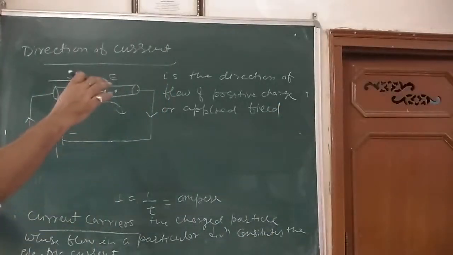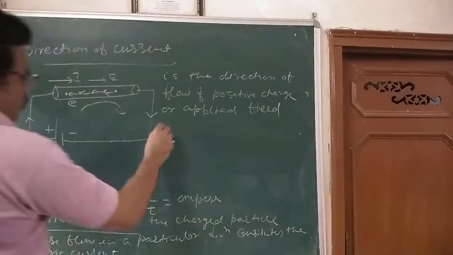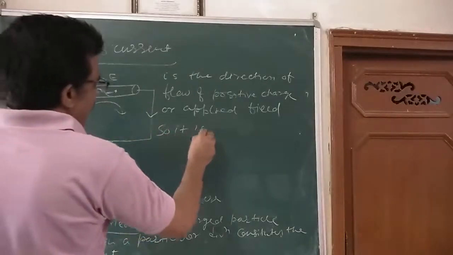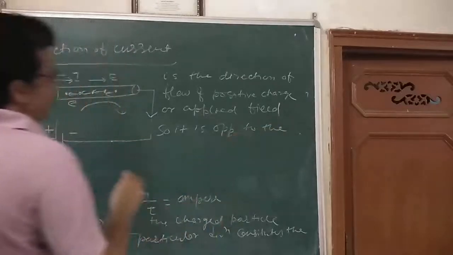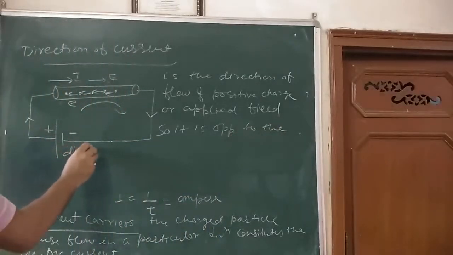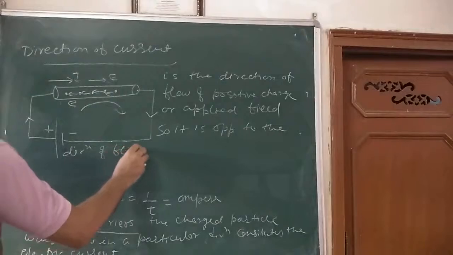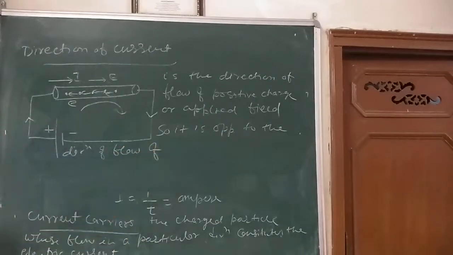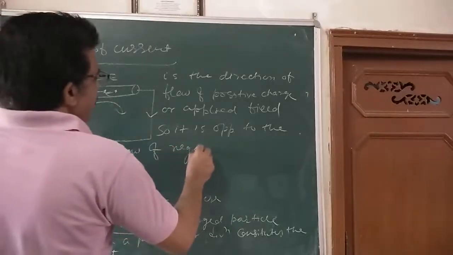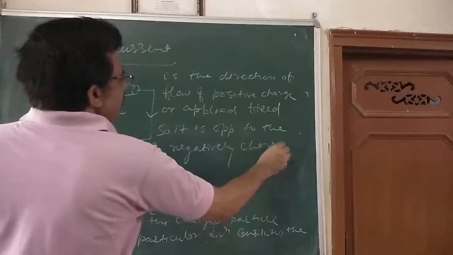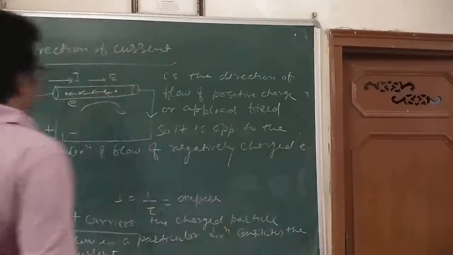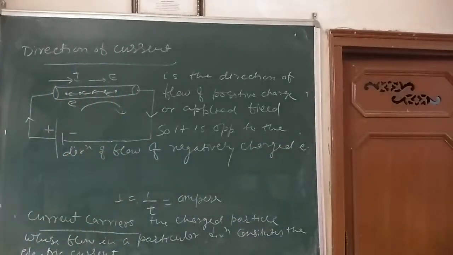So it is opposite to the direction of flow of negatively charged electrons. Is it clear? So this is the direction of current.